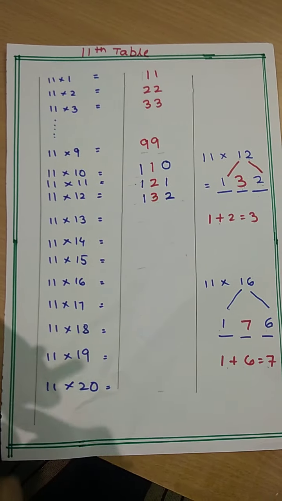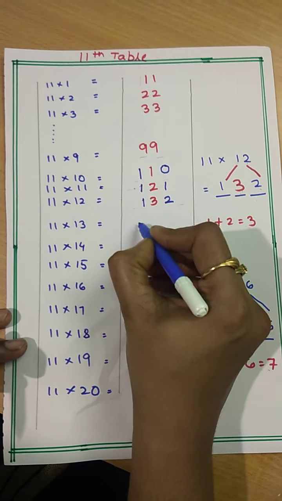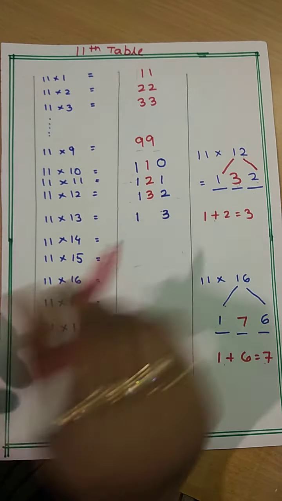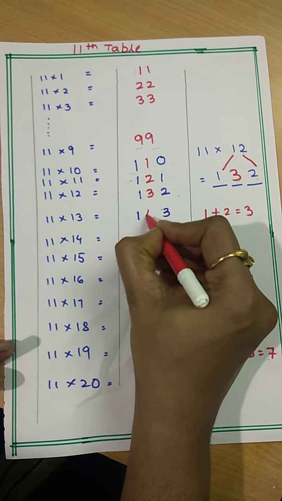Like that, 1 in the hundreds place, 3 in the ones place, and 1 plus 3 is 143.